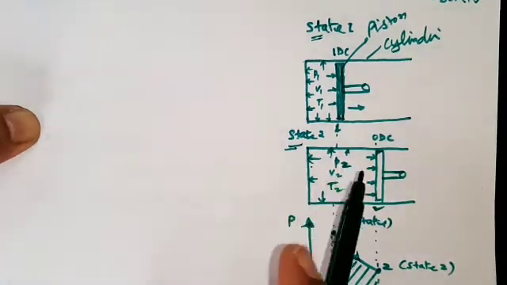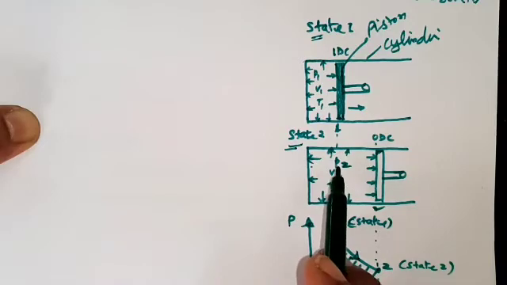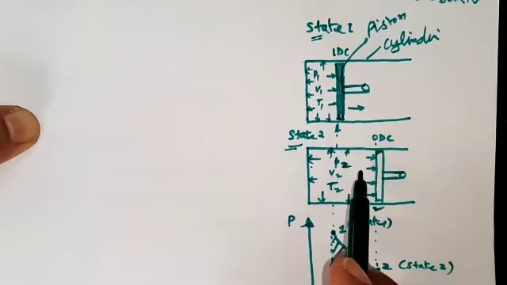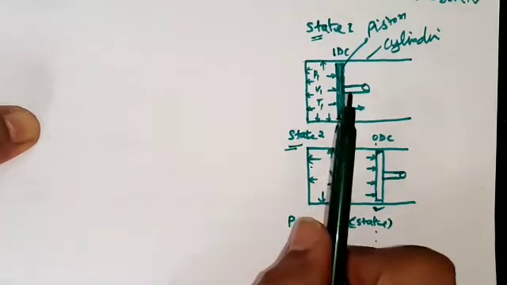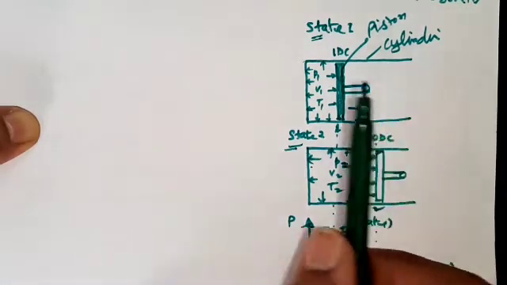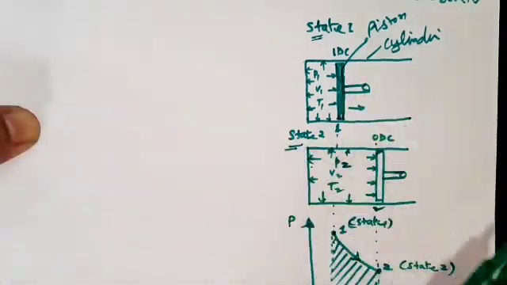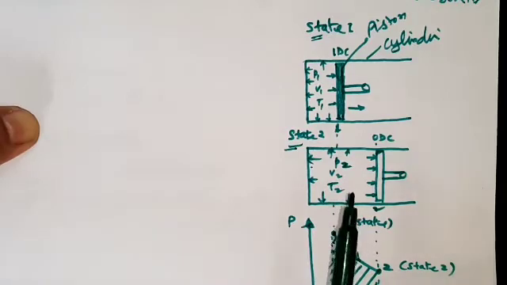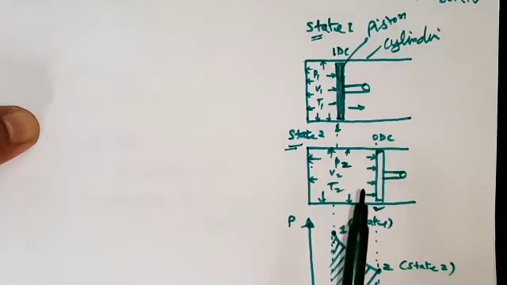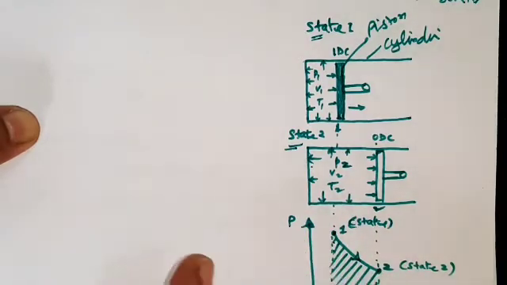Here you can see pressure is P2, volume V2, temperature is T2. Because this piston is moving IDC to ODC, expansion is taking place during this process. During the process of expansion, volume will be increased. If volume is increasing, then pressure will be decreased.